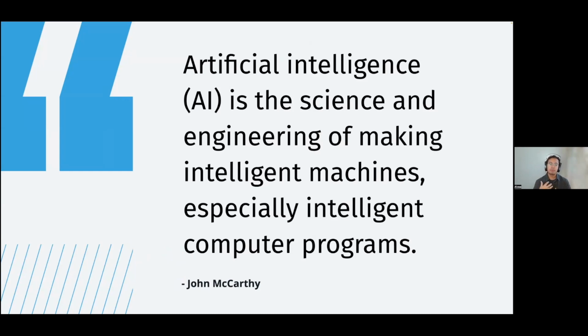Meaning we're trying to get the computer to do things that are historically considered difficult for computers to do. For example, computers are fairly good at doing complex computations. If you give it a math problem, it can do it in seconds. However, things we as humans can do in seconds are hard for the computer.